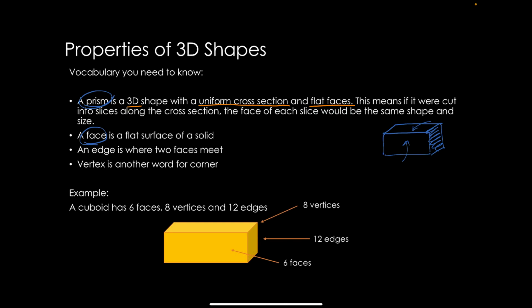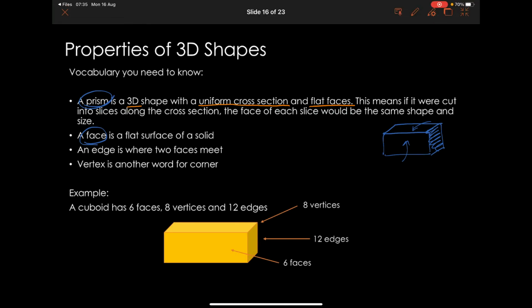So here is an example of that cuboid I was just talking about. We have 6 faces. I'm pointing to 1 on here, but a cuboid actually has 6: 1 at the front, 1 at the back, 2 either side, 1 at the top, 1 at the bottom. It has 12 edges because an edge is where 2 faces meet.